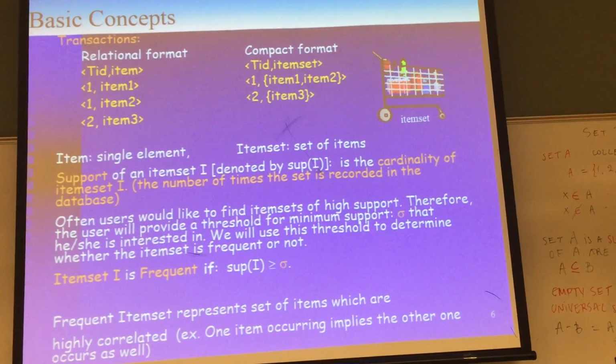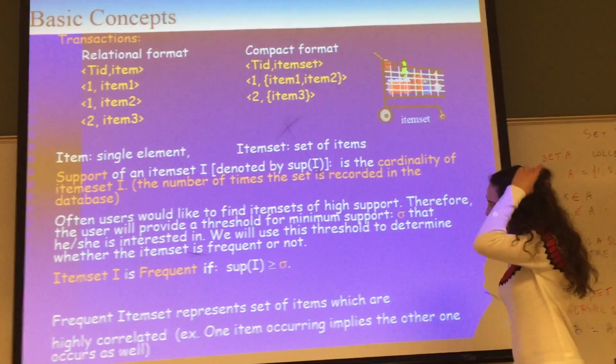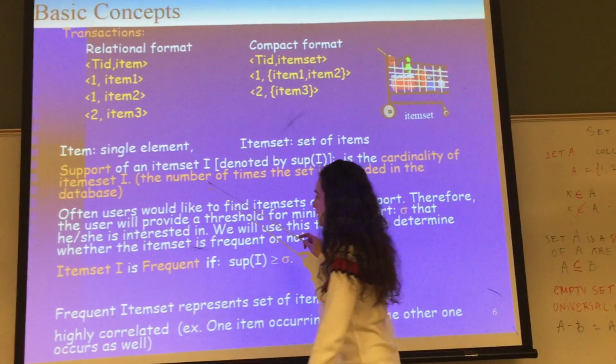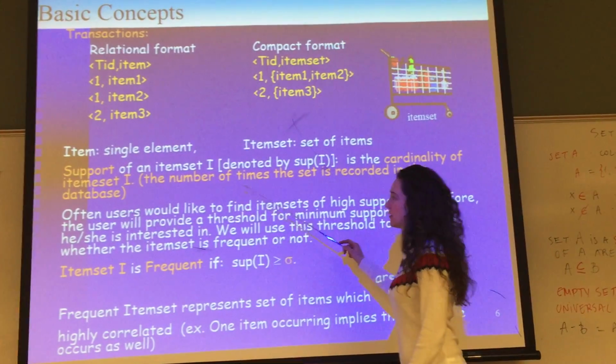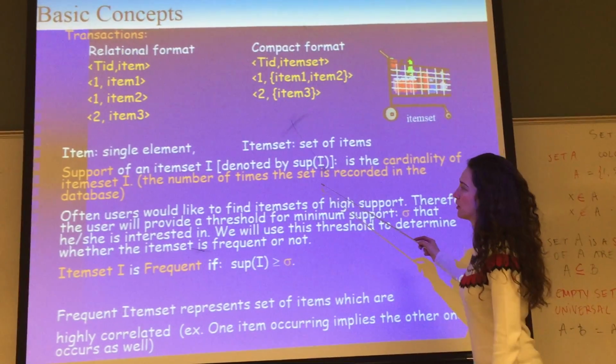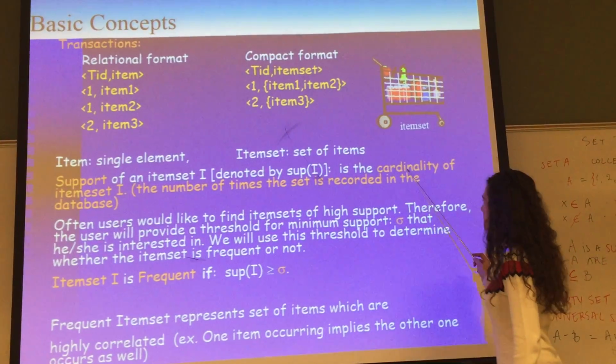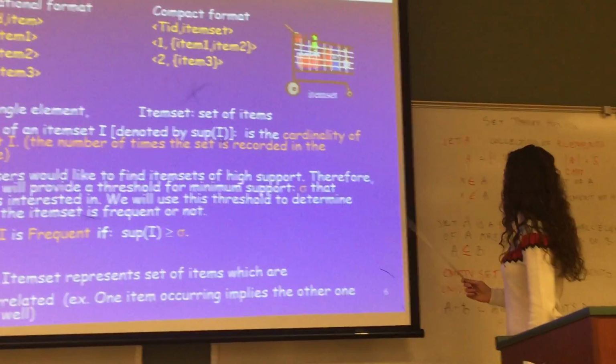Once we find these frequent item sets, we will calculate their support. Actually, we need the support in order to determine whether they're frequent or not. And the support is just the cardinality of the set.